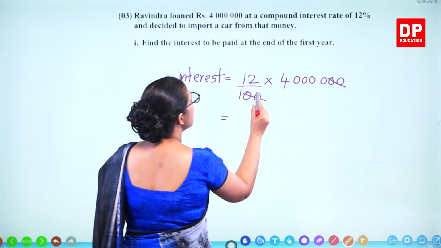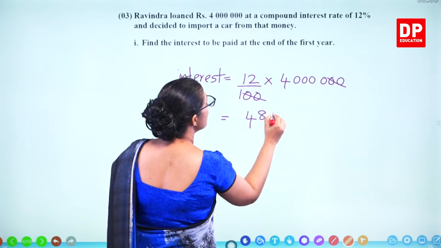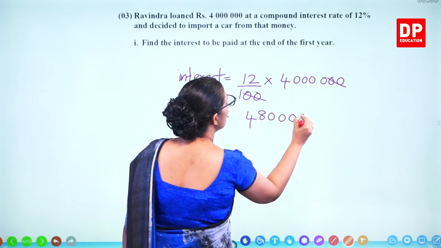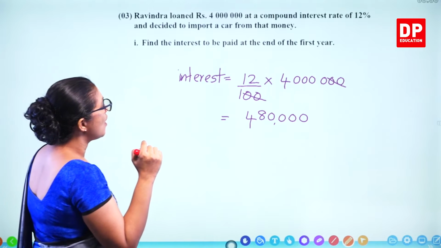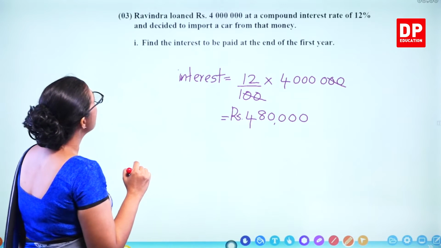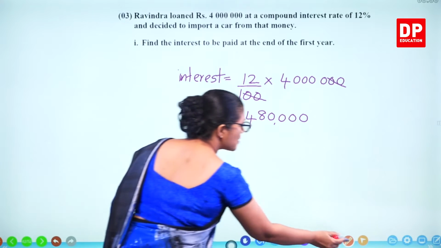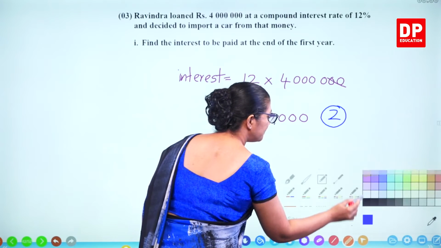So you get 48 and 4 zeros. 1, 2, 3, 4. 480,000 rupees. So that's the interest. Then this is just one part. We can give 2 marks for that.